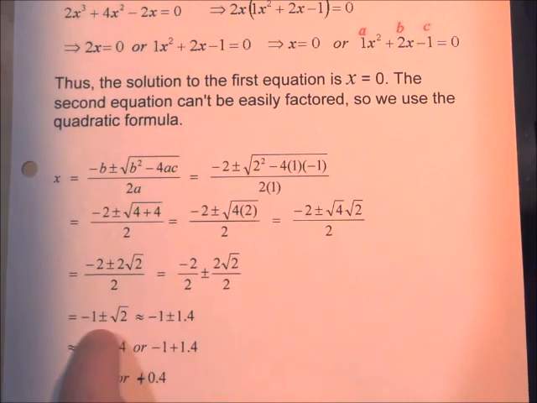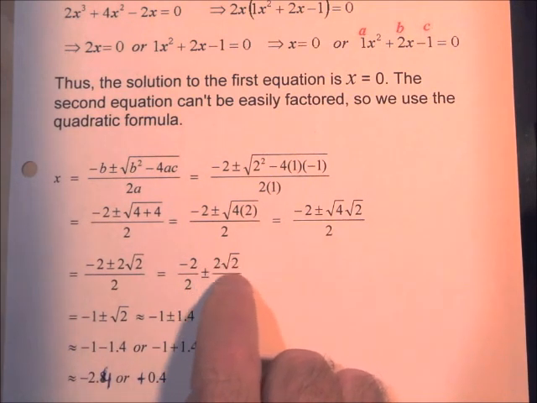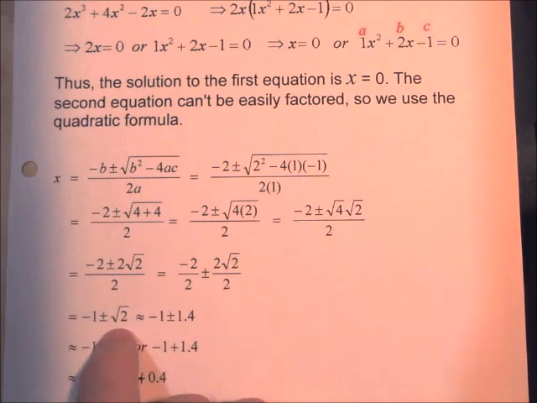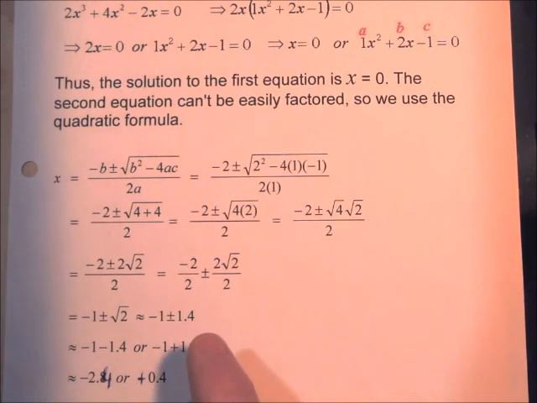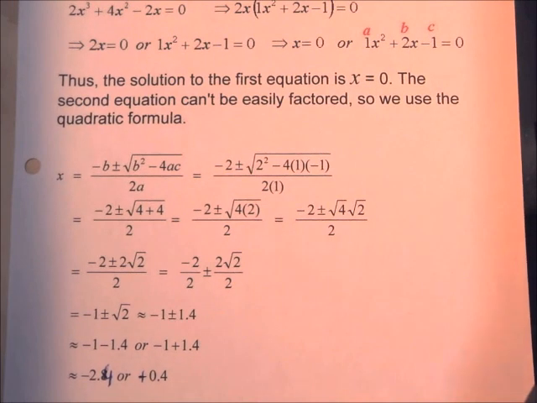Negative 2 divided by 2 is negative 1. In the second term, the 2's cancel, leaving plus or minus root 2. By trial and error, we can approximate root 2 as 1.4. So we'll have negative 1 minus 1.4, which is negative 2.4, or negative 1 plus 1.4, which is positive 0.4.